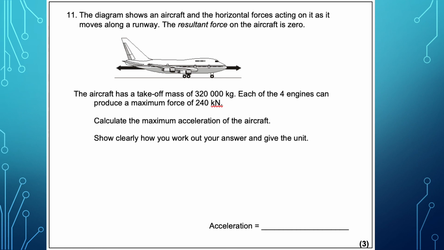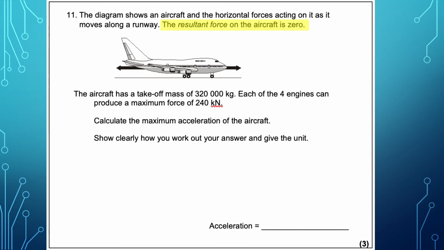And we come to the last question, which is the airplane. The diagram shows an aircraft and the horizontal forces acting on it. So you have the horizontal forces on the front and the back. As it moves along a runway, the resultant force on the aircraft is 0. I know it doesn't look like it, but that's what the question says. So the resultant force is 0.